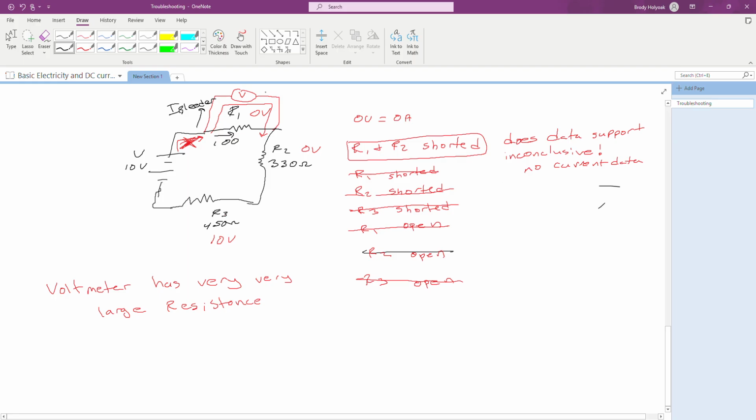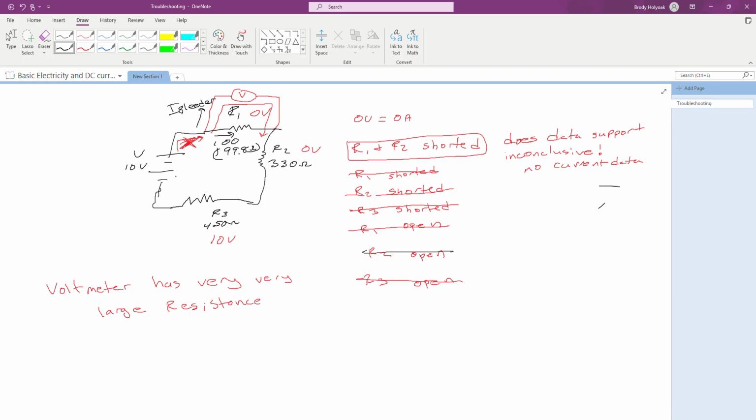If my voltmeter has a very large resistance compared to the 100 ohms, it isn't going to change this much, and maybe this will drop to like 99.8 ohms instead of 100. This is a phenomenon called loading effects. When we actually go to measure circuitry, our meters actually impact the circuit.